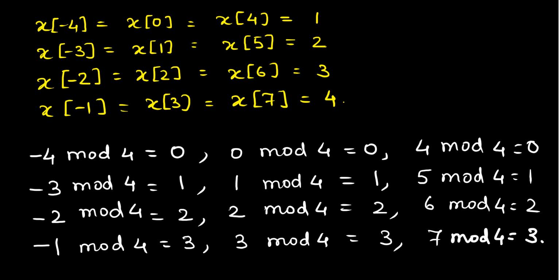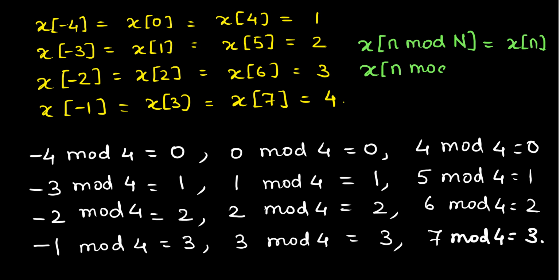What I mean to say here is, the value of n mod capital N determines the value of x of n. So in this example, x of n is equal to x of n mod 4.